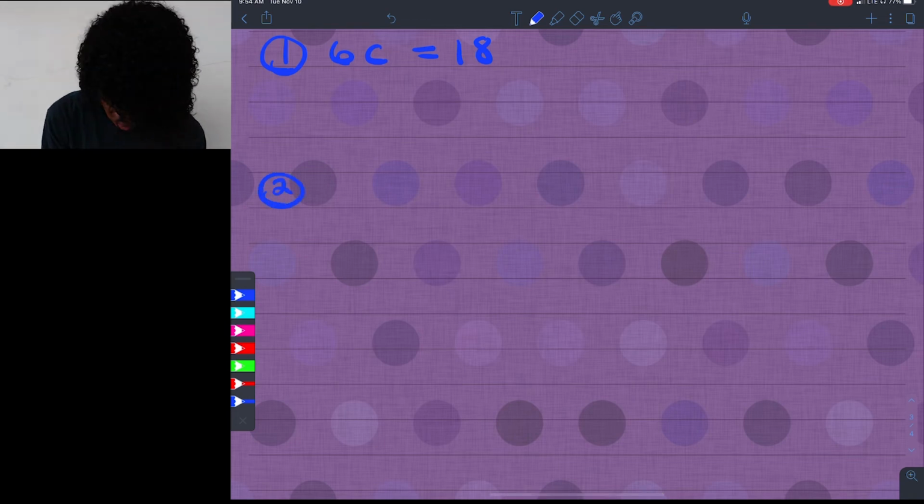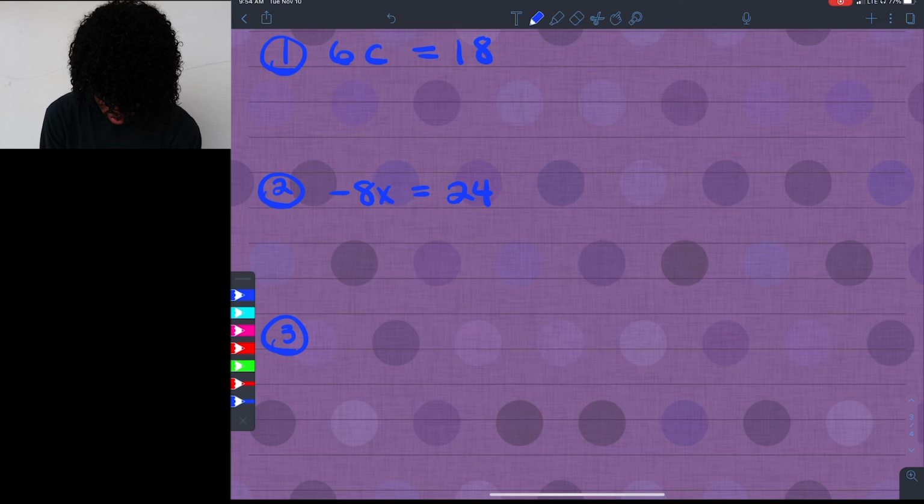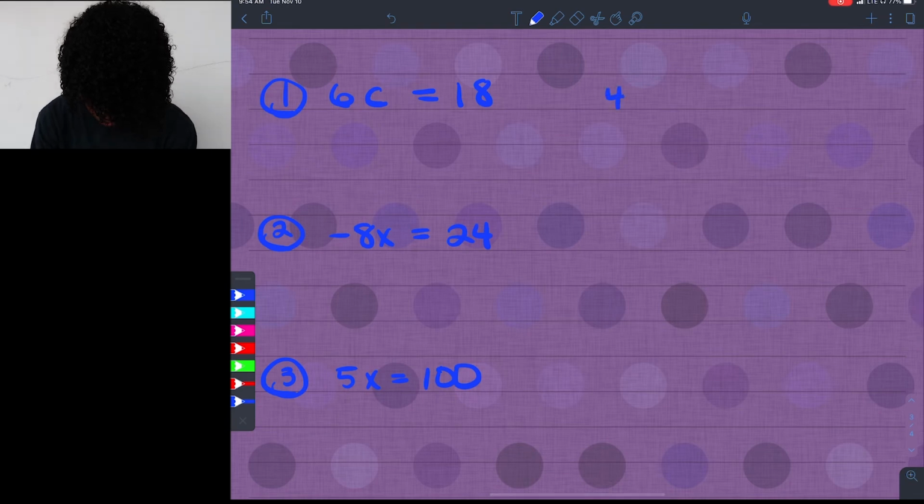Let's do negative 8x equals 24. Let's do 5x equals 100. Let's do 6x plus 3 equals 21.